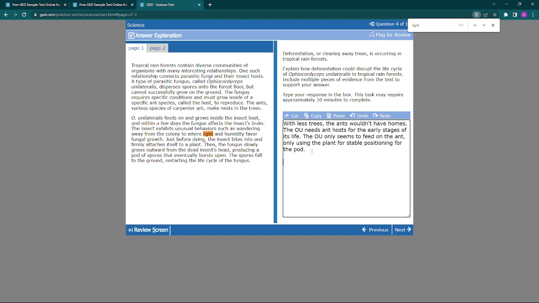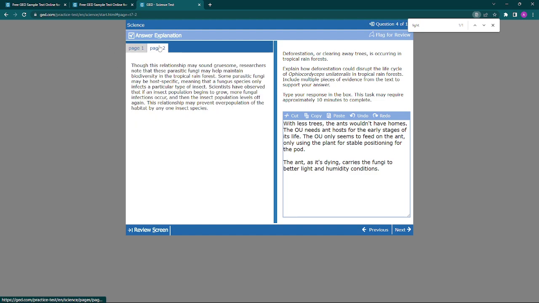So once it's eaten all it needs to and it's ready to repopulate, then it favors the ant as it's dying, carries fungi to better light and humidity conditions. That would be a good, safe way to say it, and that is on me. I did miss that. But I looked at that and I saw that. So, again, if I had a little more time, maybe I would think that. But again, let's say we got 2 out of 3.